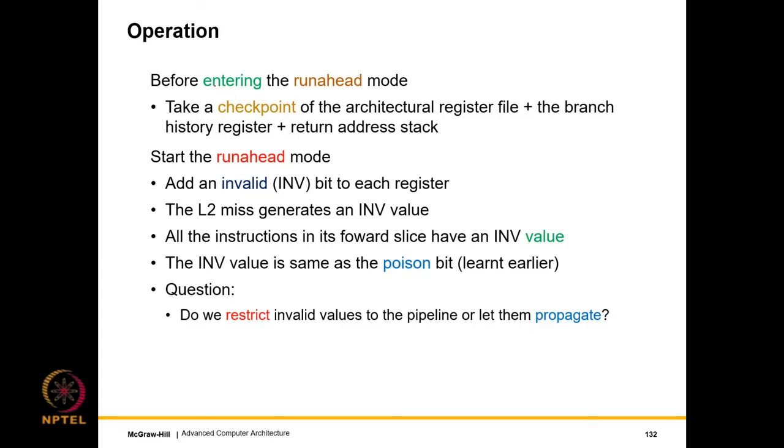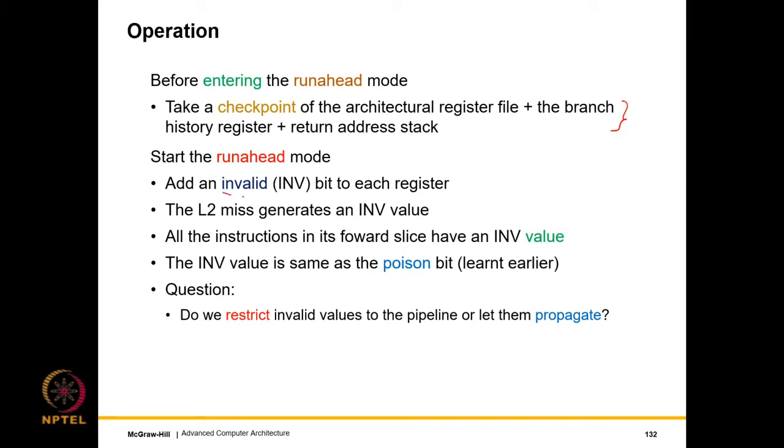A few more details. So before entering the run ahead mode, we take a checkpoint of the architectural register file, the branch history register, return address stack, such that the run ahead execution doesn't necessarily corrupt them. Right, so we do take a checkpoint of these things. Then we enter the run ahead mode.